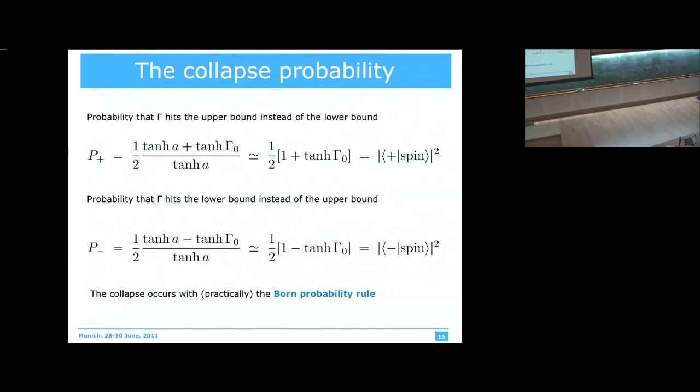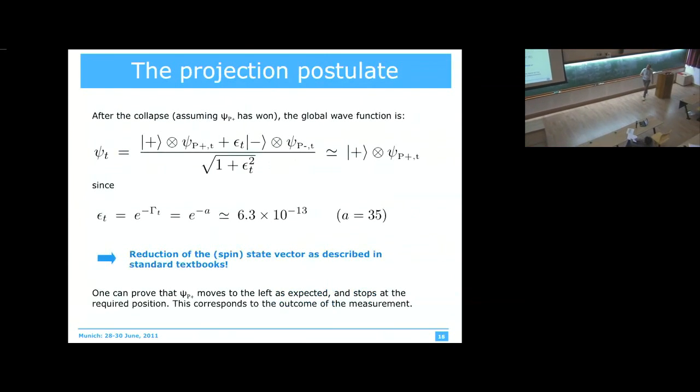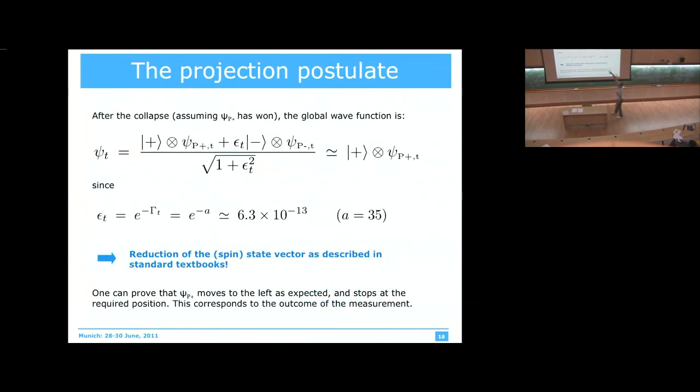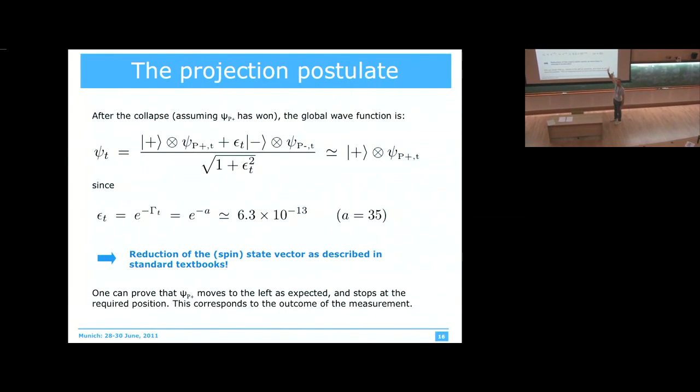Next, the state after the measurement. Forget about these numbers, there was much talking before. Suppose that the wave function collapses to the plus state. At the end of the measurement, the wave function effectively is a factorized wave function where the particle has spin up and the pointer says the particle has spin up.